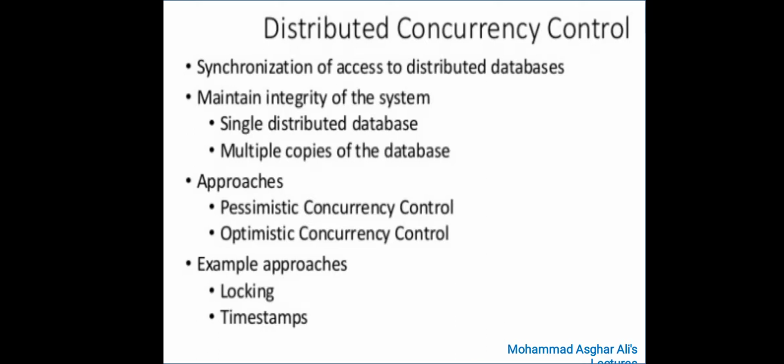The two fundamental primitives that can be used with both approaches are locking, which is based on the mutual exclusion of accesses to the data item, and time stamping, where the transactions are executed in some order.